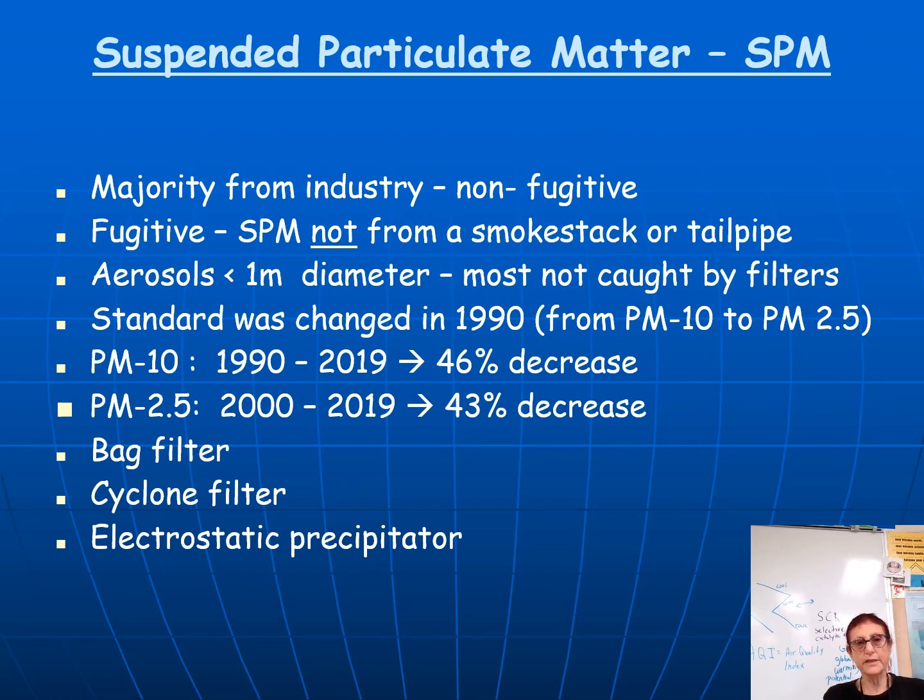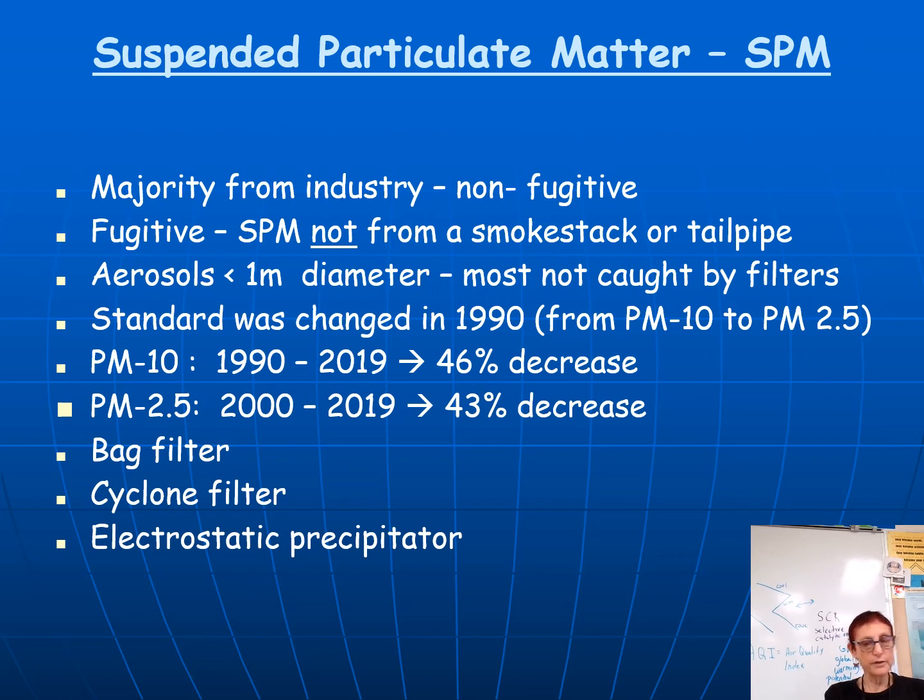There have been two classifications for particulate matter. One is PM10, which is 10 microns or less, but they found that standard was being met, a lot of it by burning open fires. And so they really looked at particulate matter 2.5 microns or less. And you can see that there have been declines.